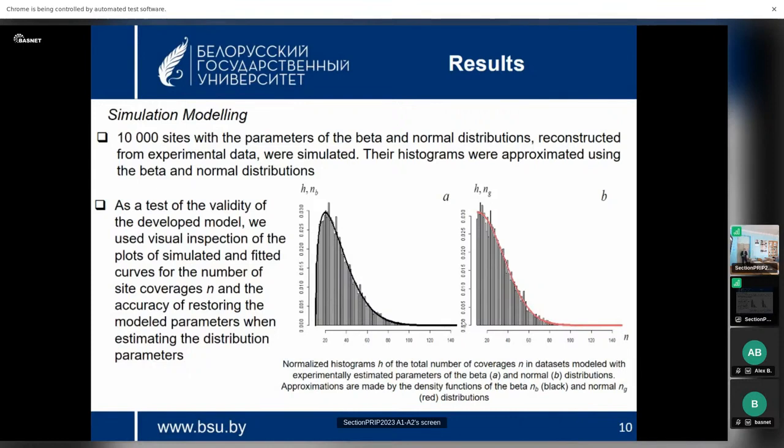These were quite nicely approximated by a proper beta or Gaussian distribution function. We can see histograms of simulated data, smoothed out by the beta and Gaussian distribution functions. So we recovered the parameters which were put into the simulation model.